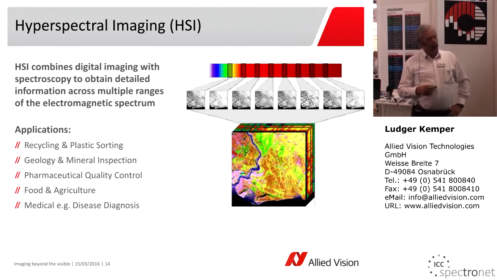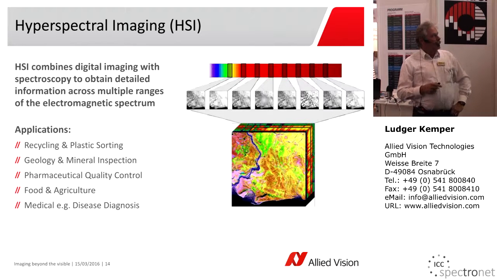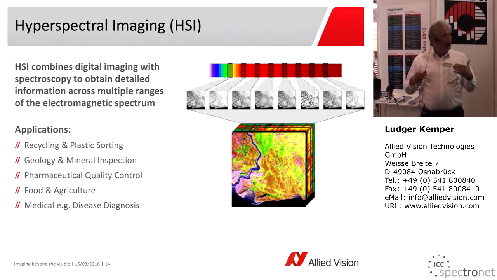Another point is that hyperspectral imaging is also a very good method. It combines digital imaging with spectroscopy to obtain detailed information across multiple wavelengths or multiple ranges of the electromagnetic spectrum.